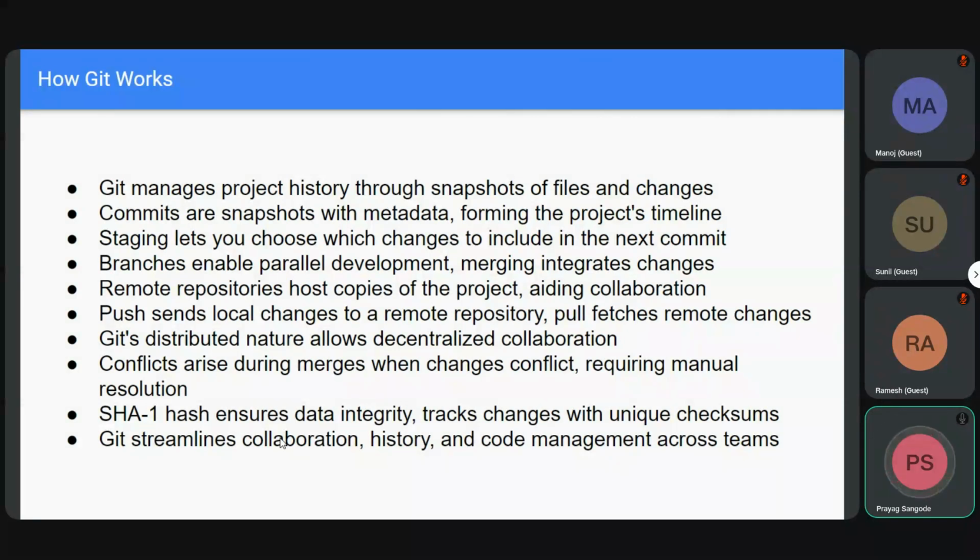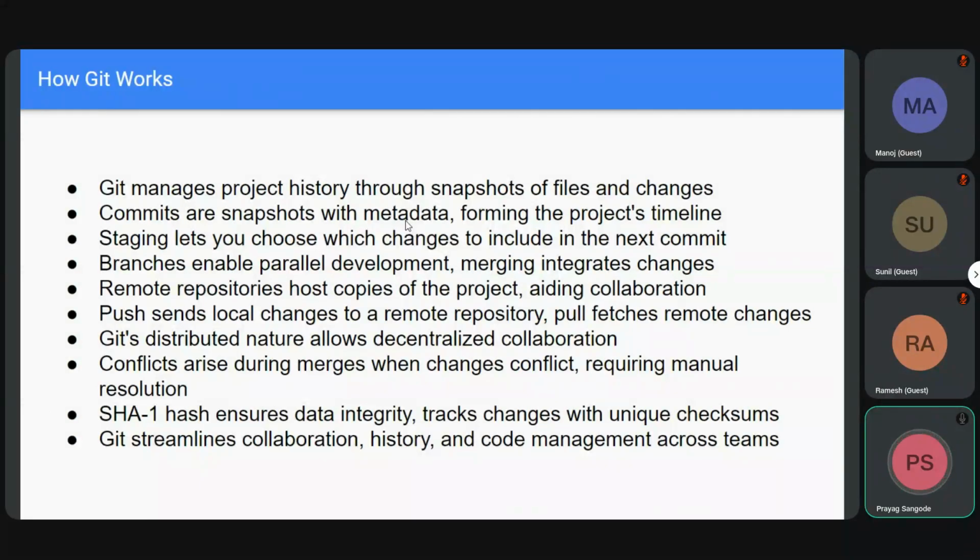The snapshot's metadata is maintained, and the integrity of the data is maintained using the SHA-1 hash algorithm. Due to the snapshot feature, we can always track what was changed and when.